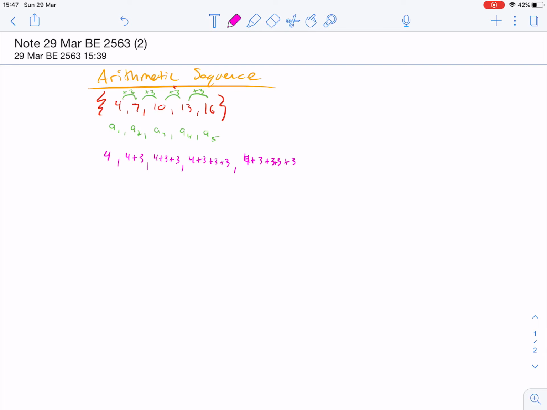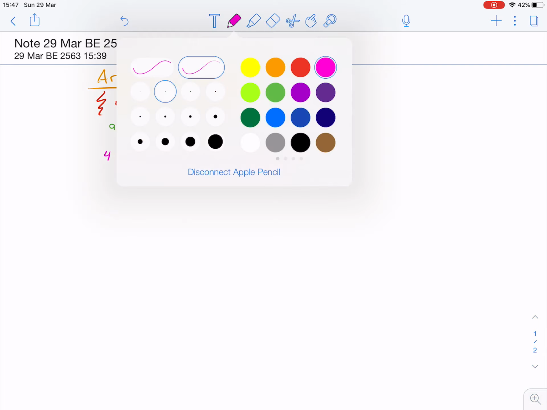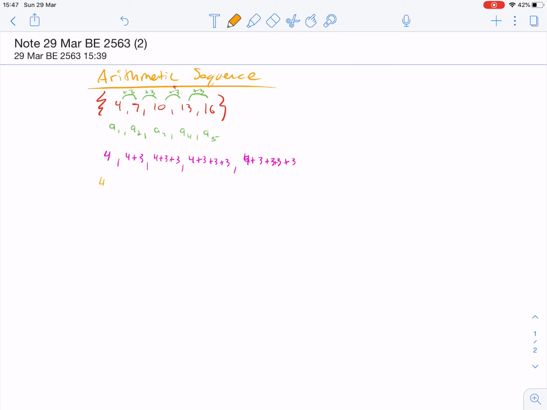Can we simplify this a little bit better? Yes. We can write A1 as 4, A2 as 4 plus 1 times 3, A3 as 4 plus 2 times 3, A4 as 4 plus 3 times 3, and A5 as 4 plus 4 times 3.